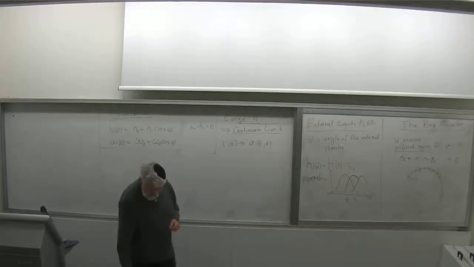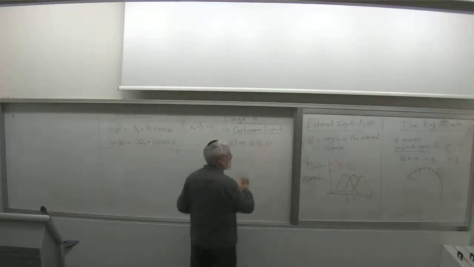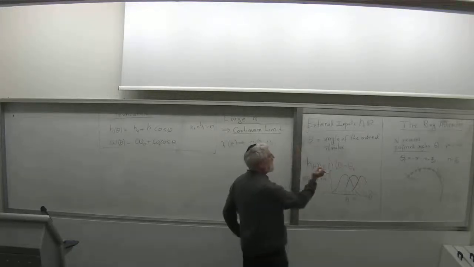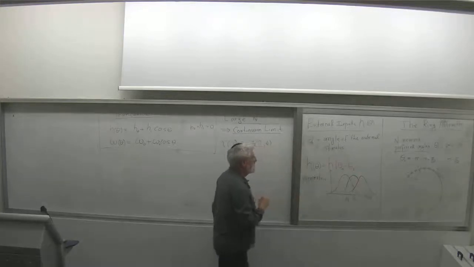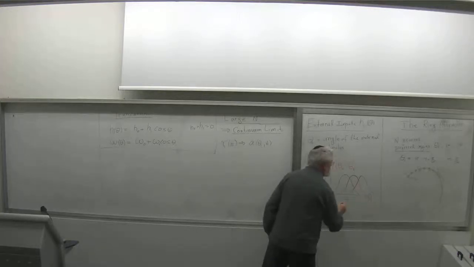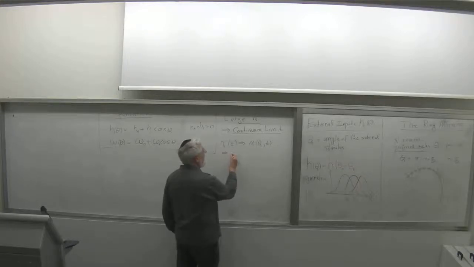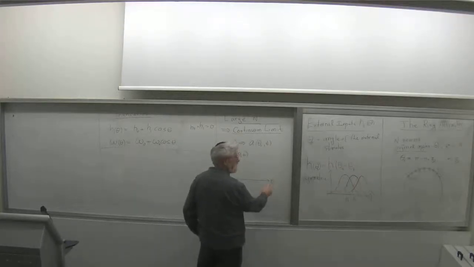Okay, so in order not to confuse, or maybe already confused you, let me go back in your notes. Let me add theta 0 for the external angle, and put here theta 0, just to make sure that we understand each other. And I'm going to write this simply as A of theta and t, by which I mean, if I look at the network, this is now theta, not theta 0.